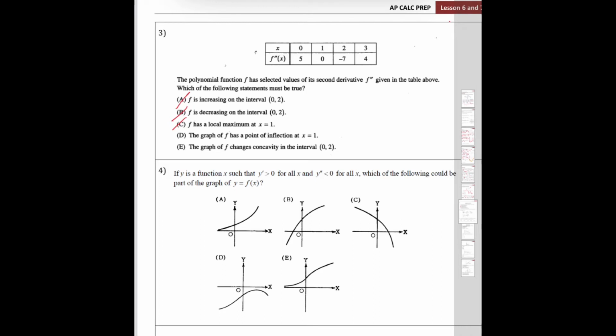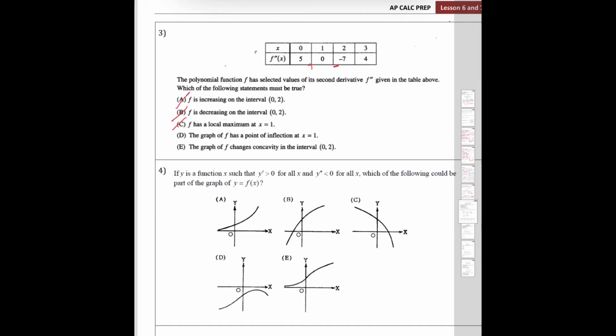So it's saying the graph of f has a point of inflection at x equals 1. When do you have a point of inflection? When your second derivative is equal to 0 and the second derivative changes signs around 1. That's what it means, right? So if you look at 1, it is equal to 0, and it is going from a positive to a negative.